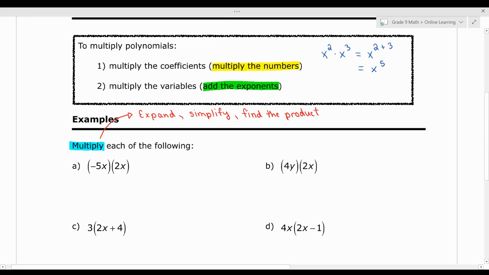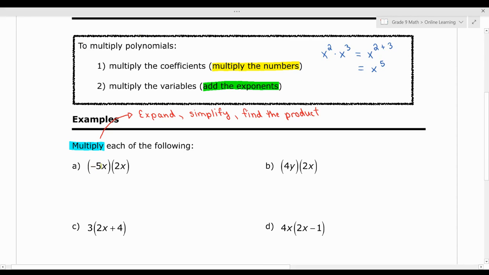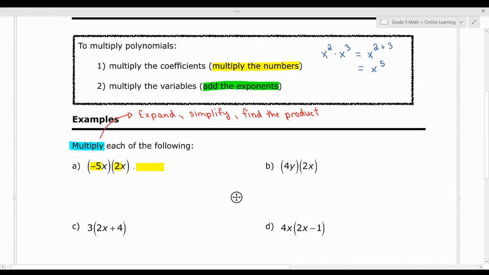For the first question, we're trying to multiply minus 5x times 2x. So what we have here is a monomial, one term, times a monomial, another one term. According to above, and you'll notice I color coded it, we are going to multiply the numbers first. I have a minus 5 and a 2, so I would get minus 5 times 2.